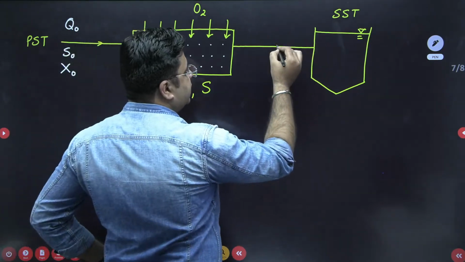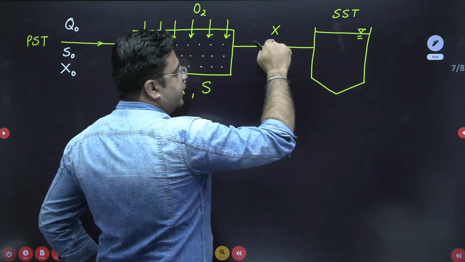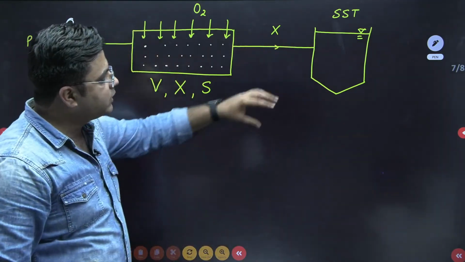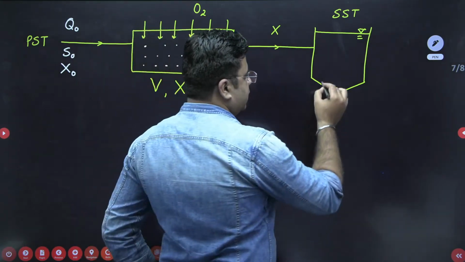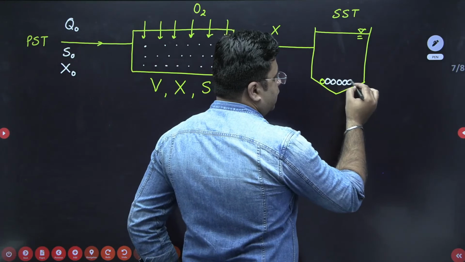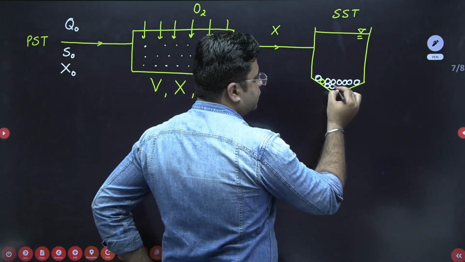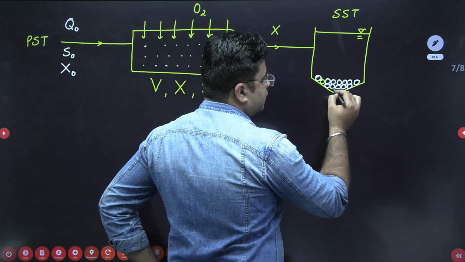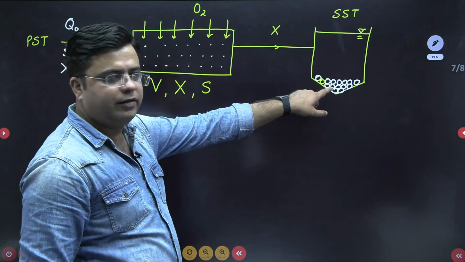Before the secondary sedimentation tank, the MLSS concentration entering is X. Now inside the secondary sedimentation tank, this biomass is settled and it produces the activated sludge.